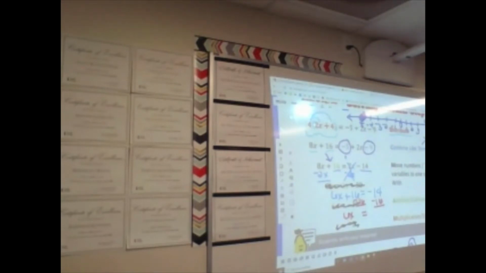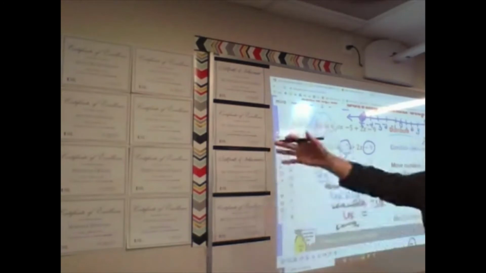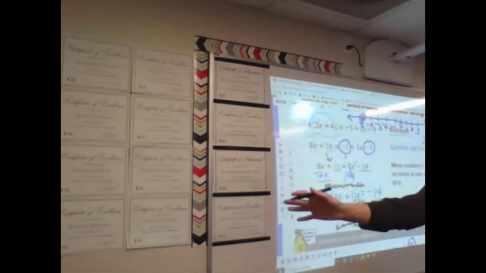Not quite. Okay, let's think about it. So where are we going to start? We're going to start right here, right? We're going to start at negative 14. So I'm standing here at negative 14. And my positive direction is this way. My negative direction is this way. So if I'm subtracting 16, which way do I look?